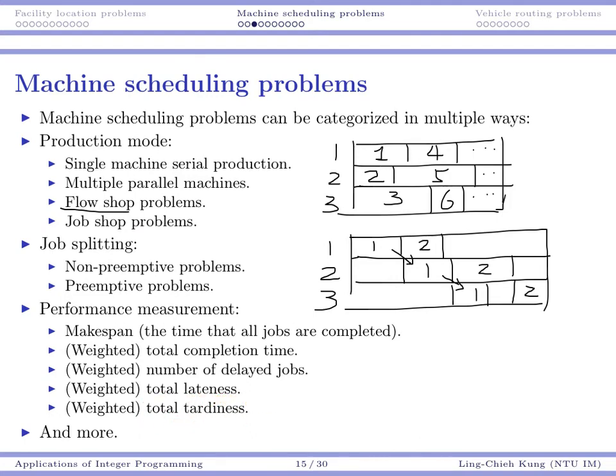Sometimes you want to minimize total tardiness. Okay, these two seem to be similar, and we will tell you what's the difference later. But anyway, you really have different kinds of machine scheduling problems, and scheduling itself is a subject. Again, even a full semester course is not enough. But anyway, we will give you a tool, integer programming, to deal with it.